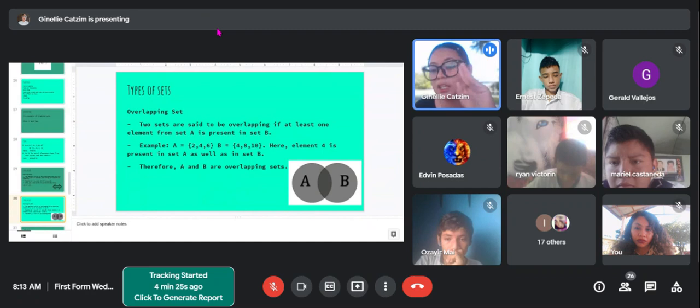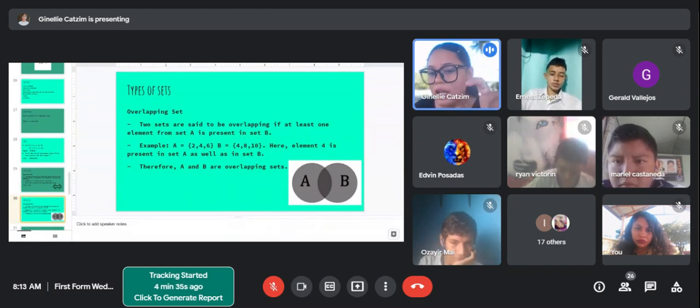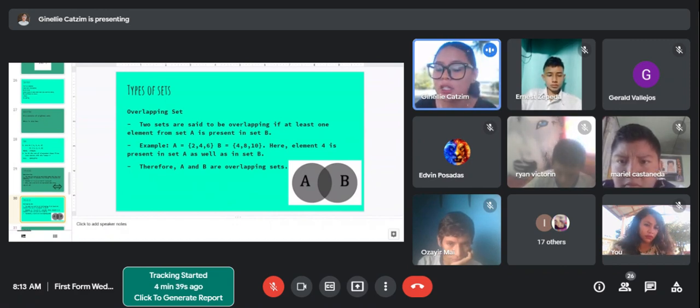So that means they are overlapping because they have 3 elements in common. So this is overlapping sets. At least one element in set A is also present in set B.